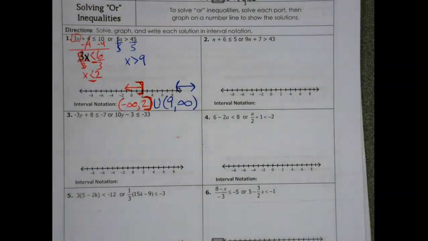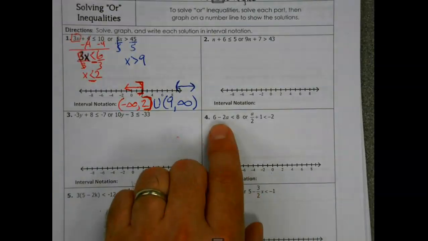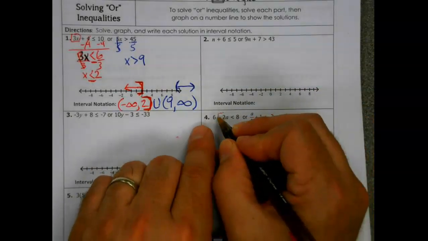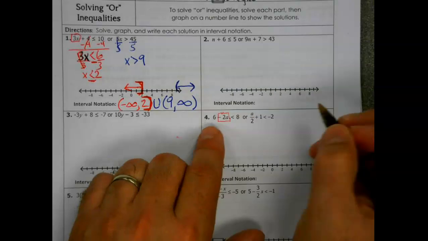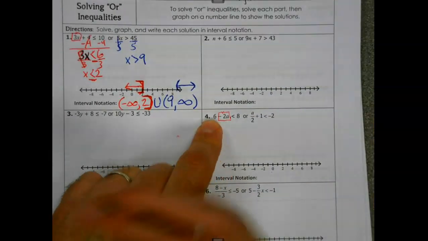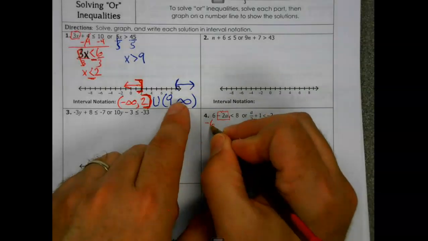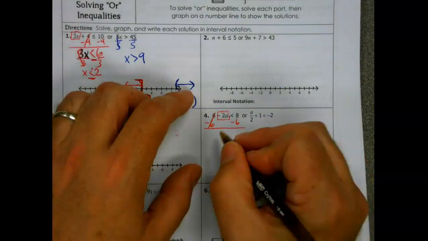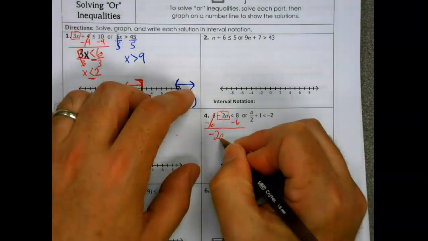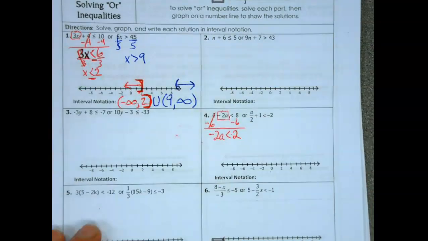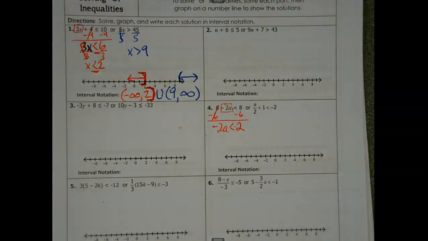Let's go to 4. So you're like, okay, let's see. Here's my first one. Again, we want the A term alone. It's a positive 6. So we're going to minus that out of there. You could even look at it as positive and negative 6 if you didn't want to do the minus part. So we get that out.